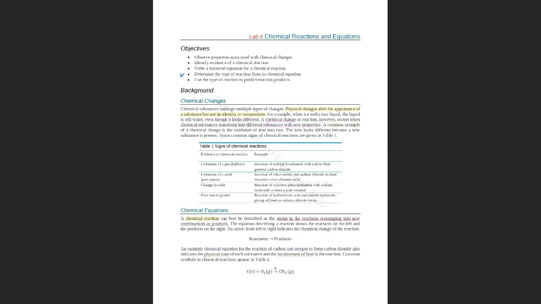So in this workshop, we are going to go over all these 4 objectives. The last one, use the type of reaction to predict the reaction products, is given. You will observe the experiment and they will give you the equation. All you have to do is balance that equation.